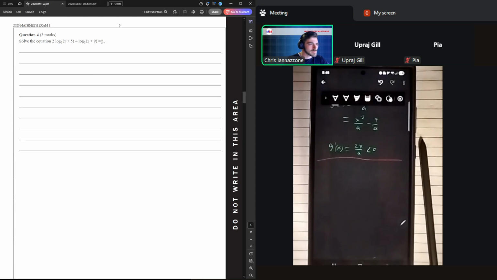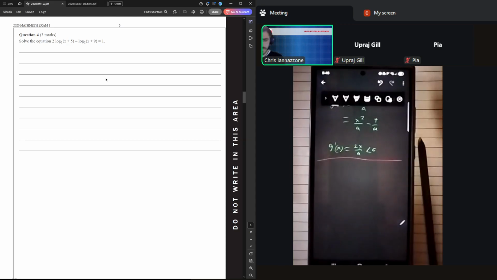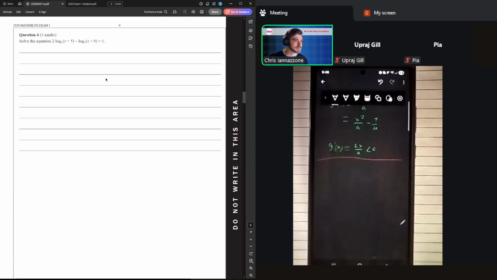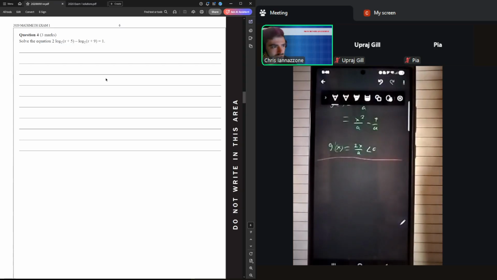That also works, but just going straight division rule, don't forget you got to chuck this 2 in there first before you do your division rule. Straight division rule is what I wrote in the answers, but there are a lot of ways you could do it. In fact, I'll just have a bit of a play around on the handwritten bit and do it in a different way just for the sake of it.